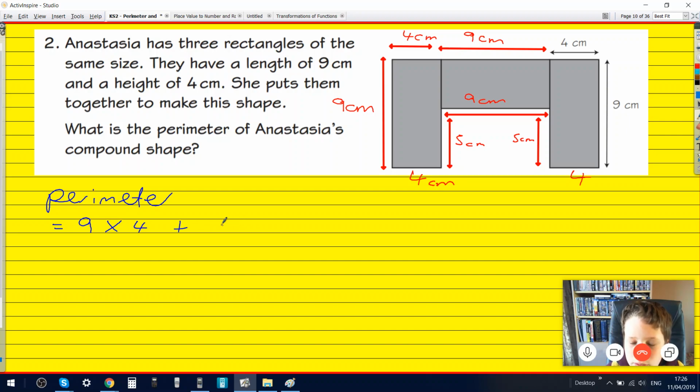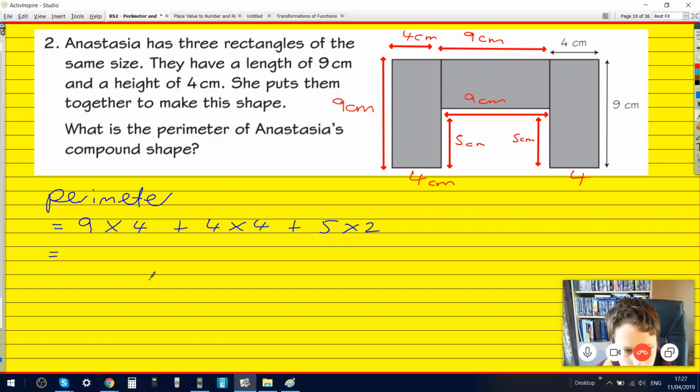Then 4 plus 4 is 8, and double 8 is 16, and then 16 plus 46 is, hang on, what is it? 48 plus 12. So 48 plus 12 is 60. And so in total it's 60, is it?